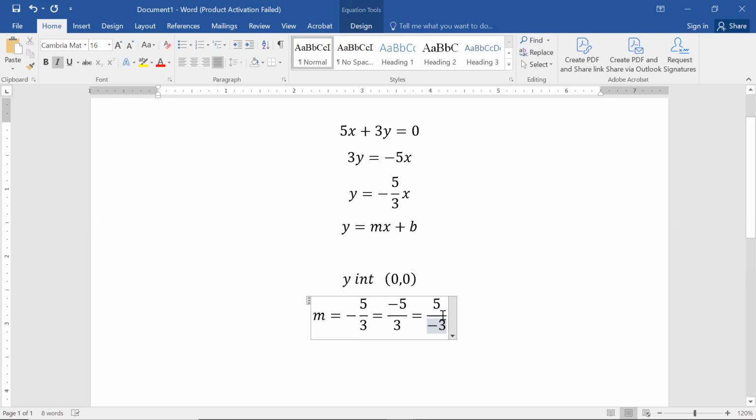And in fact, we'll probably use both in this example. So if you don't see a value for b, that basically means that value has to be 0. So the y-intercept is 0, 0. When in doubt, you can always just plug in 0 for x and see what y value you get.